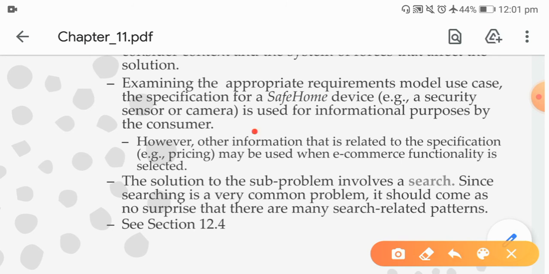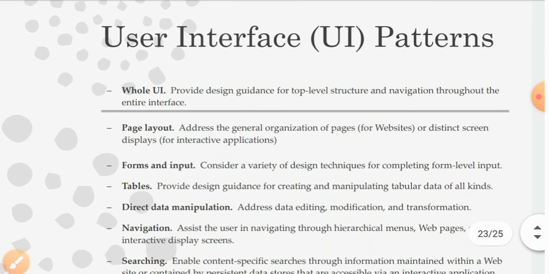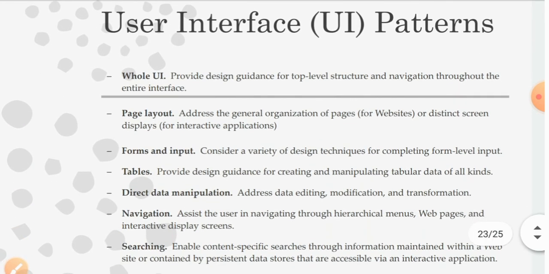However, other information related to the specification, such as the pricing, may be used when e-commerce functionality is selected. If you take your ATM machines, then security and privacy need to be provided. No scams or cyber crime should be done to your bank accounts.